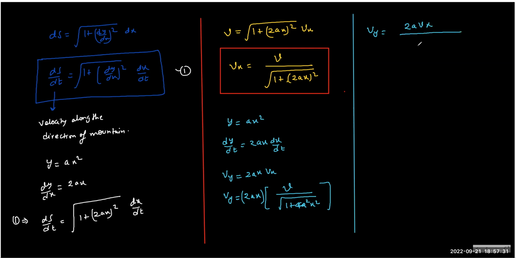So let's say you have a motorcycle and you're moving with constant speed, so v is constant, but everything else will change. The vx will change, vy will change. So we have 2ax into v upon the square root term.